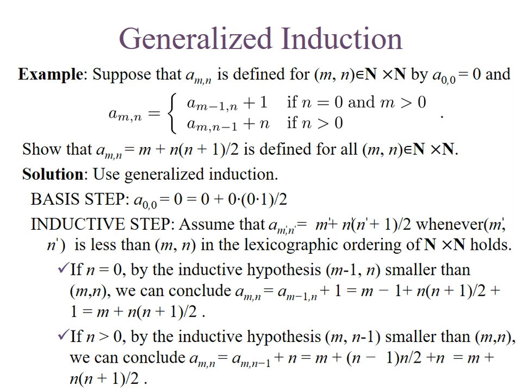By this time, when n is 0, we use the first definition. When n is 0, n is not larger than 0. So now we have n minus 1, where n now is 0, plus 1.